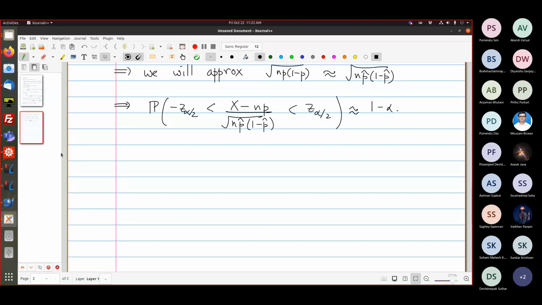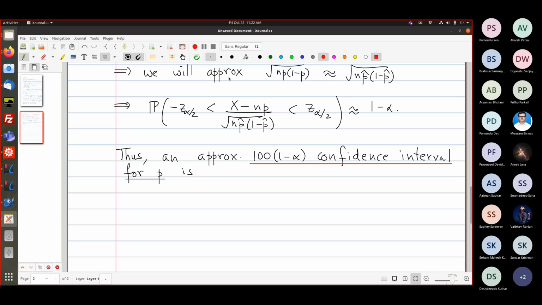Again doing the same trick, taking this on both sides and then adding x, by the same kind of thing we have done several times now, an approximate 100(1 minus alpha) percent confidence interval for P is the following: x by n minus z alpha by 2 by n times square root of np hat (1 minus p hat), to x by n plus z alpha by 2 by n times square root of np hat (1 minus p hat).